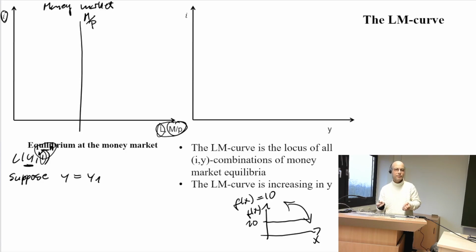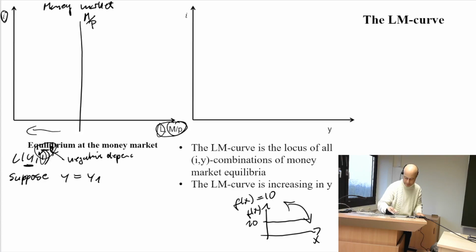So the lower the interest rate, the higher is money demand. Then, increasing the lower the interest rate. So if we go to the left here, the higher it's increasing. You really have to keep in mind what this negative dependence means.